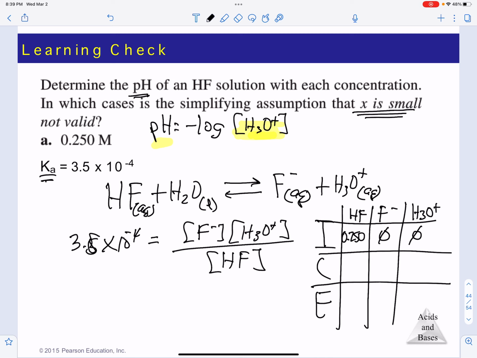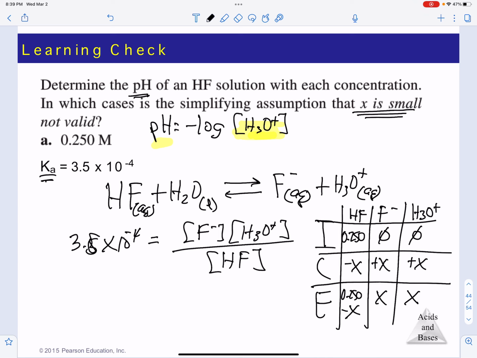The hydrofluoric acid is going to go down by x. Since everything is 1 to 1, this is going to go up by x, and this is going to go up by x, which means in equilibrium, you're going to have 0.250 molar minus x, x, and x.